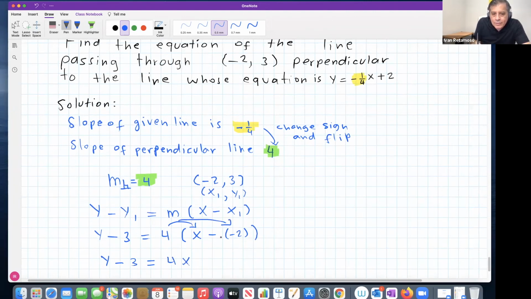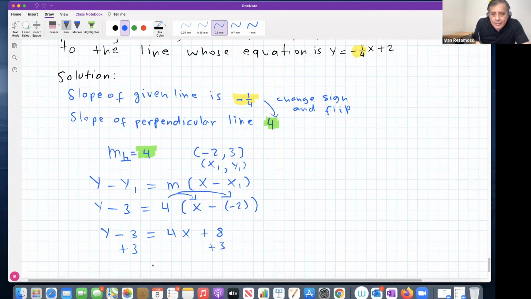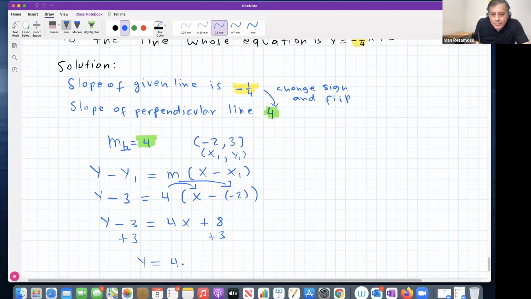Negative and negative is positive, 2 times 4 is just 8. Adding 3 to both sides of the equation, I get the equation of the perpendicular line to be y equal 4x plus 11. Believe it or not, this is the equation of the perpendicular line.